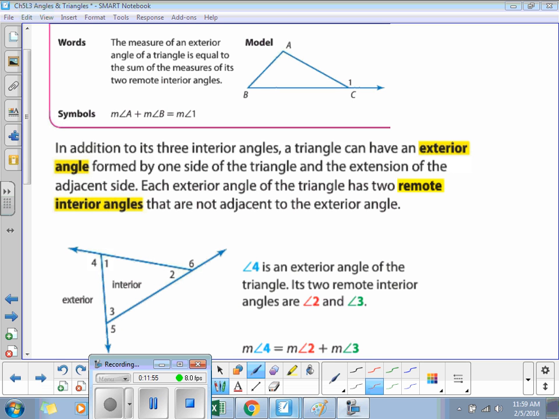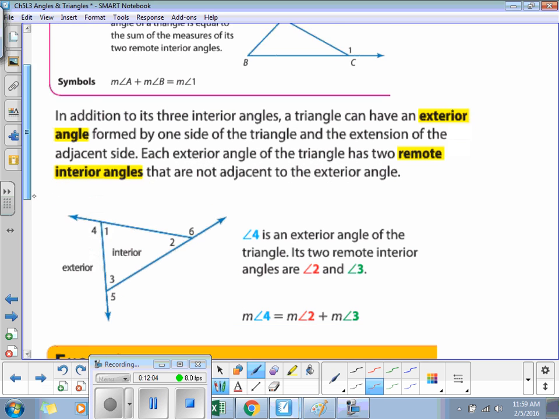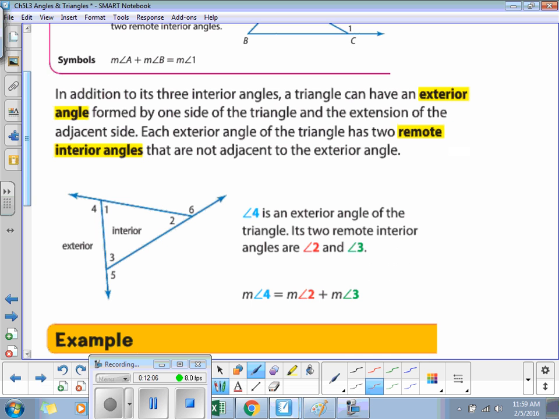Each exterior angle of the triangle has 2 remote interior angles that are not adjacent to the exterior angle. So here, like we said, the measure of angle 6 is going to be the sum of angles 1 and 3. Okay?